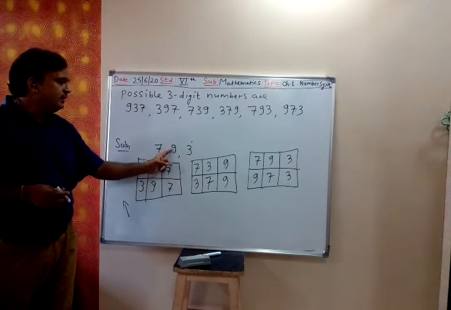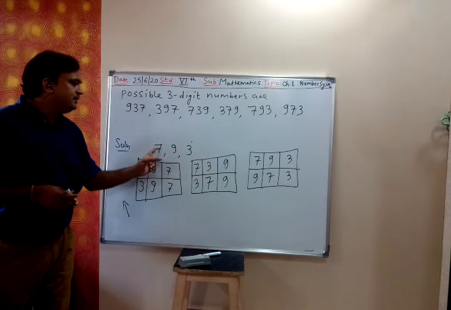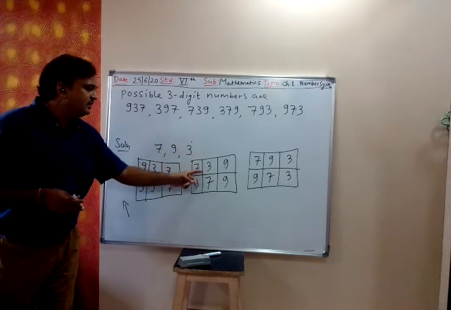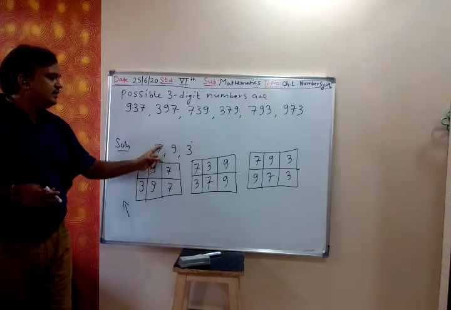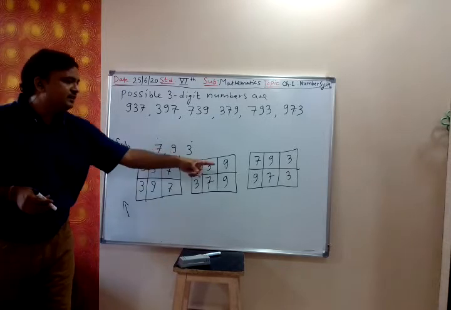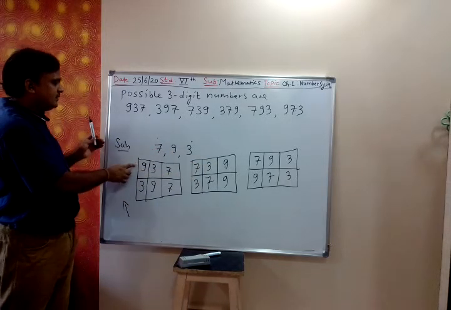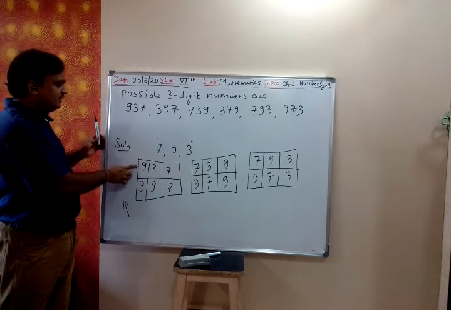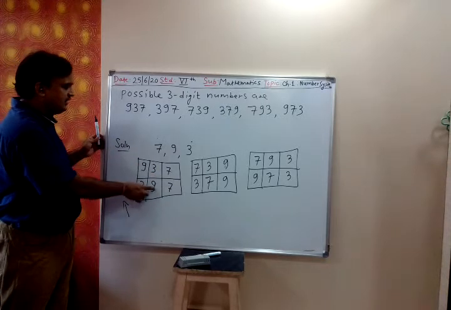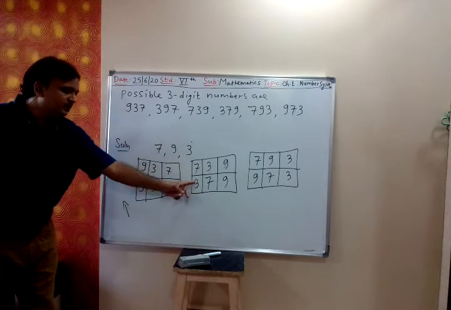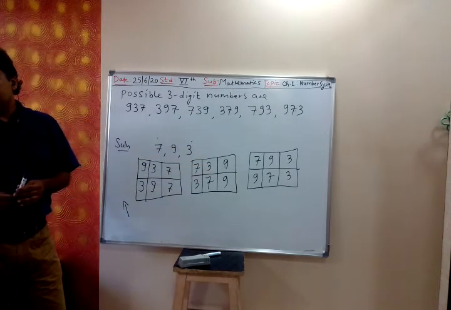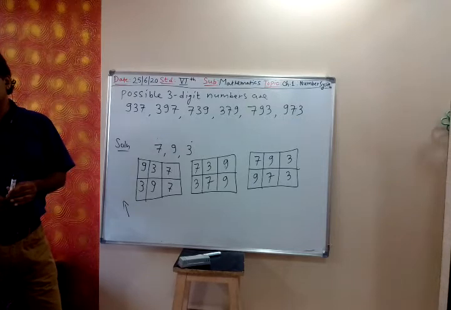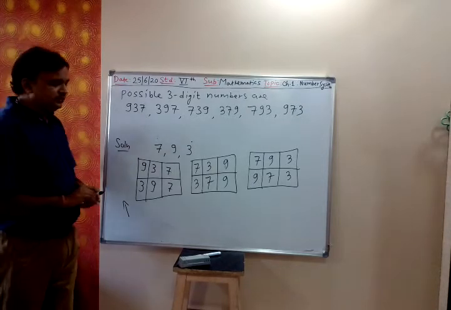Then I will write 9 in the ones place, then digits left are 7 and 3, so 7 3, 3 7. Then 3 in the ones place, then digits left are 7, 9: 7 9, 9 7. So total there are 6 3-digit numbers: 937, 397, 739, 379, 793, 973.